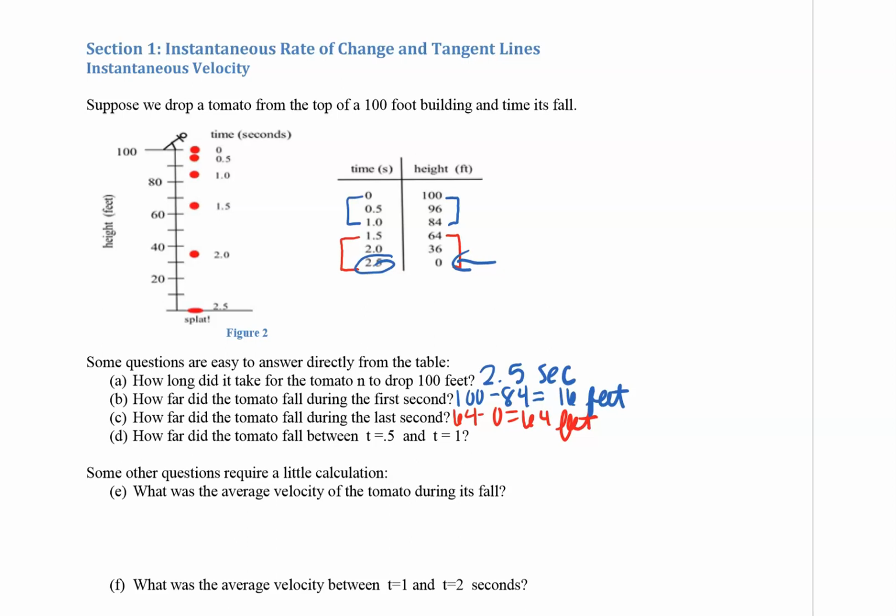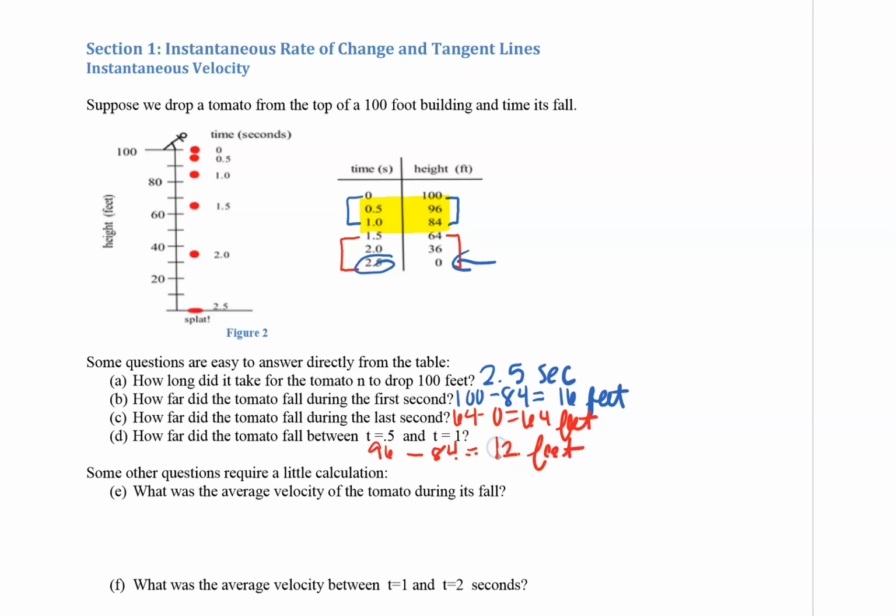Let's look at that information. Here's 0.5, and here is 1. If we subtract those, that would give us 96, which is our 0.5, minus the 84. And so we get that it fell 12 feet.